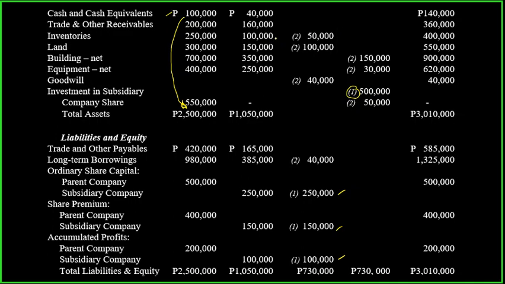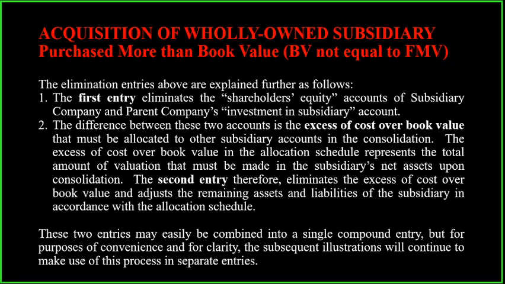Okay, like this one. Your inventory is recorded at 100 and it's supposed to be 150. So, dagdag po tayo ng 50. Alam naman na natin yan. Nagkakaintindihan na tayo sa adjustments. Lahat ng kulang, dadagdagan. Lahat ng sobra, babawasan po natin. Okay, so some notes.